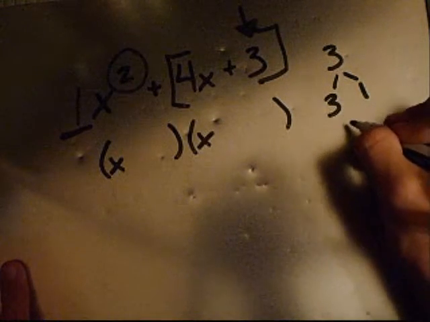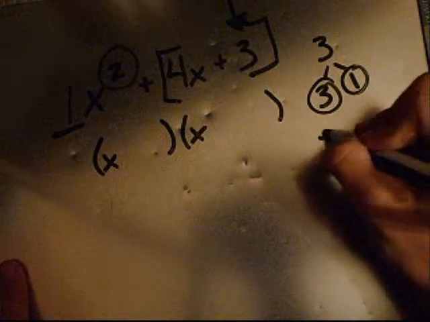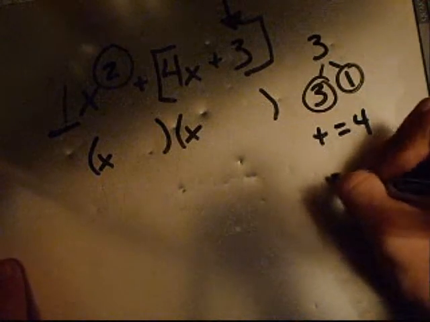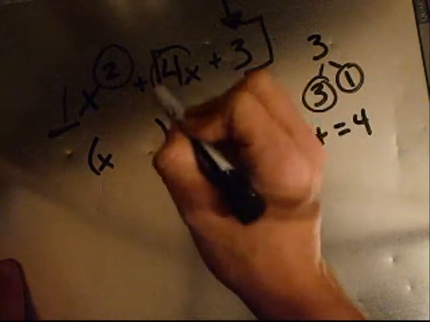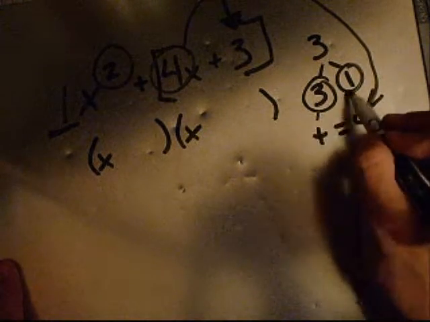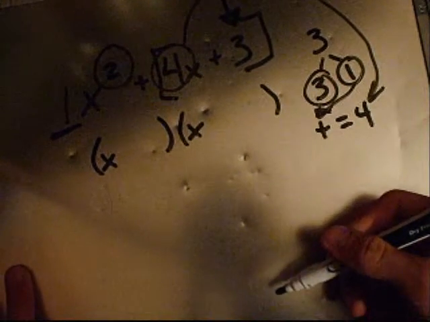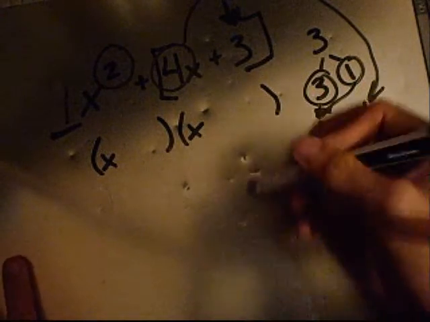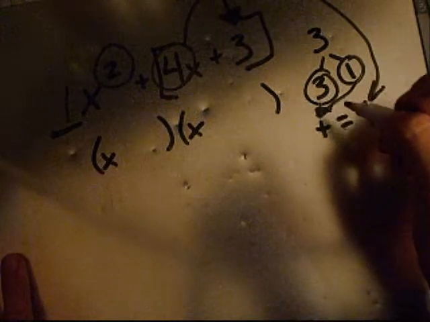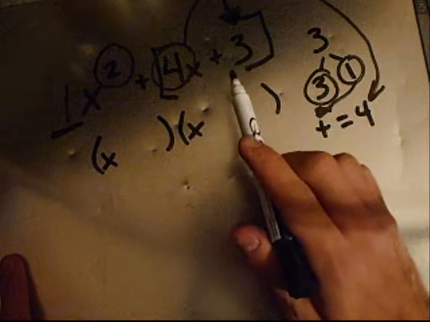But you have to figure out a way to make these two numbers sum up to equal 4. But that's really simple, because this 4 right here is what you're trying to sum up to. A really simple way to do that, if you don't have a prime number, would be to write out all the factors of your c.